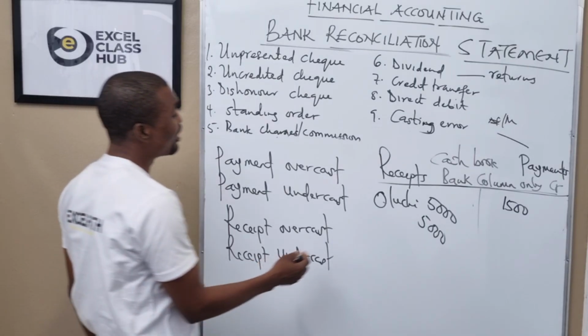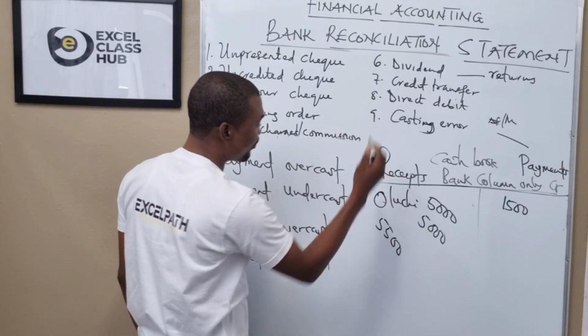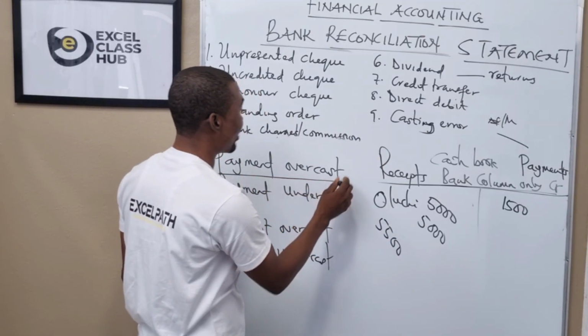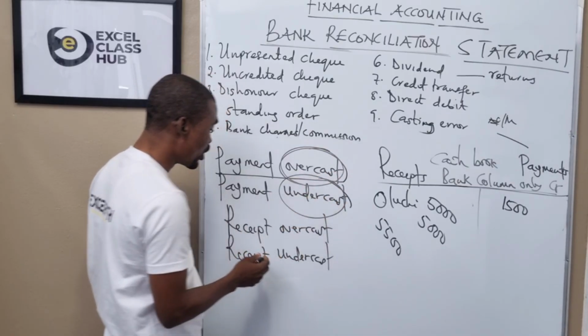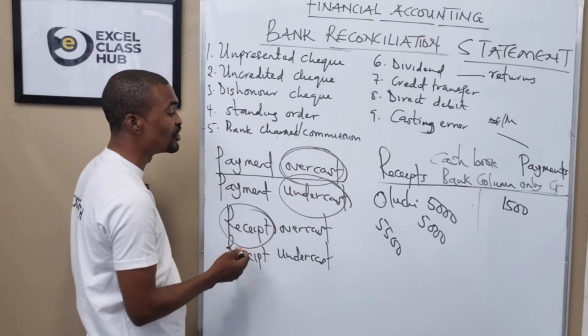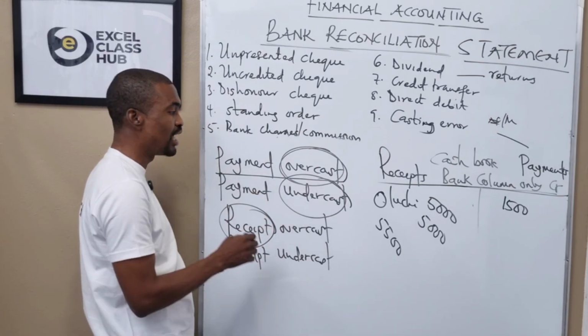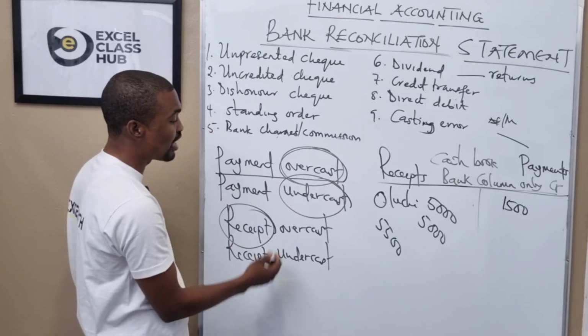But Oluchi now made a mistake to record it as 5,500 naira. That is an example of what? Payment overcast. Overcast means when the amount you pay, or if it is also receipt, the amount you received is more than. So when the figure is more than, it falls under what? Overcast. When the figure is below, it falls under what?